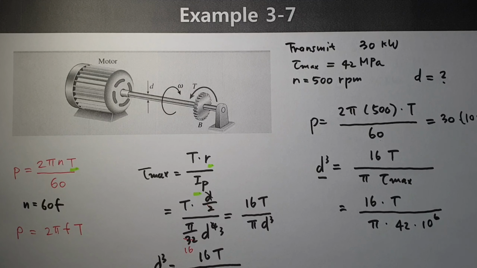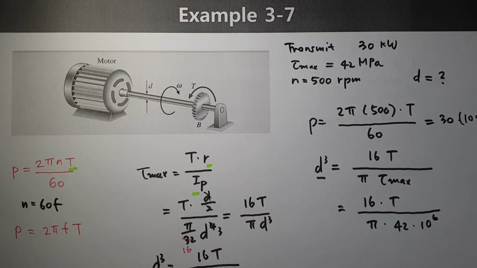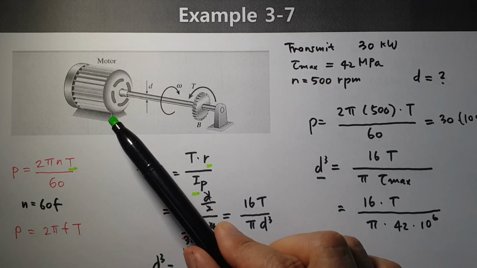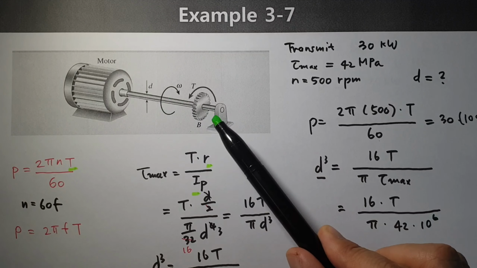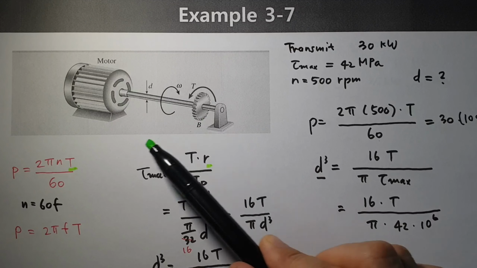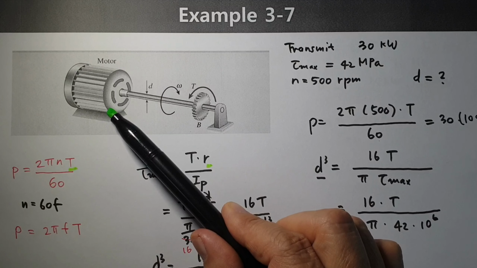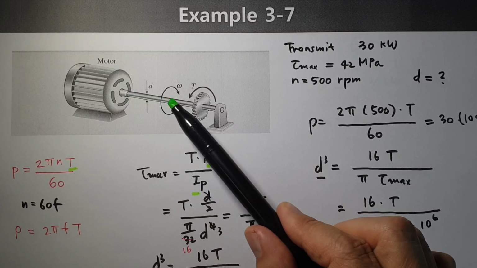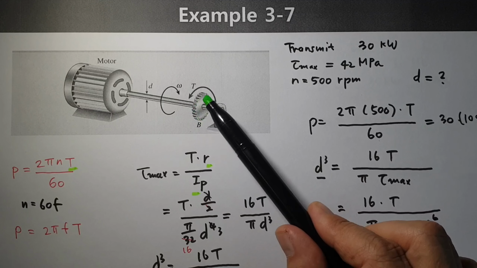When you think about it again, we have a motor, shaft, and gear system, total system. In the motor, we can generate rotational movement. At the same time, some torque is transmitted through shaft to this gear.